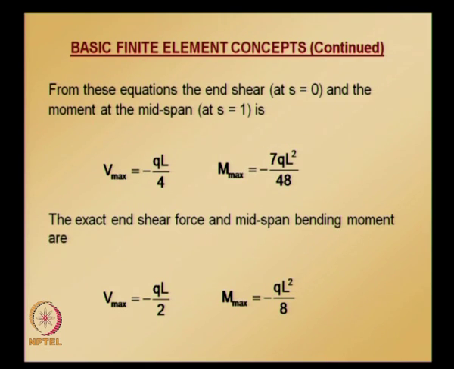But there is a better way of handling this situation to get the exact solution with just one element per span. The main idea in this approach is to treat the problem as a superposition of two separate problems. So, we will see what that superposition method is now.